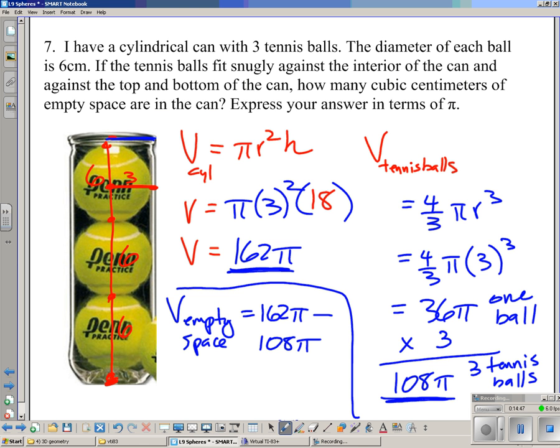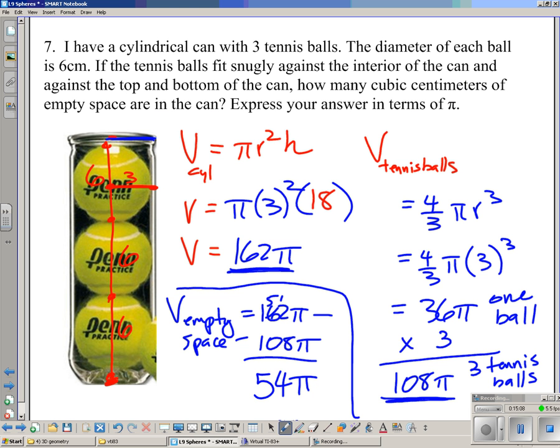And it's just like doing 162x minus 108x. The pi stays in the answer, and 162 minus 108 would give us 54 pi.